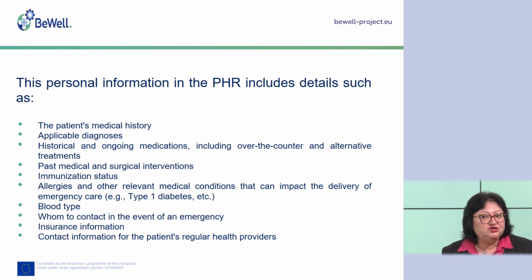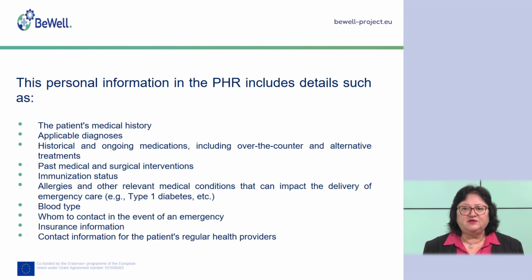Past medical and surgical interventions can also be part of the personal health records. Also, immunization data can be included, allergies and other relevant medical conditions that can impact the delivery of emergency care, such as type 1 diabetes and others, blood type, including whom to contact in the event of emergency.